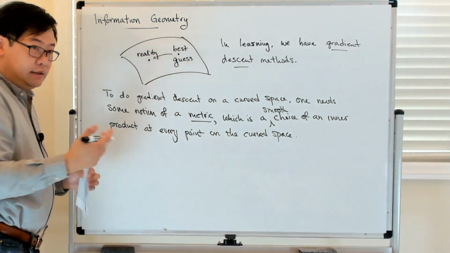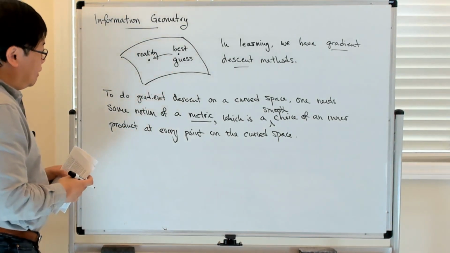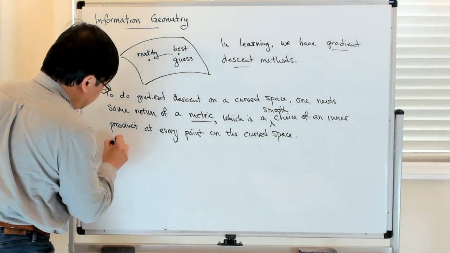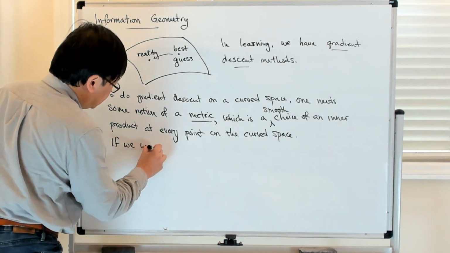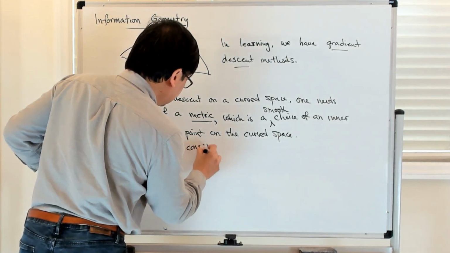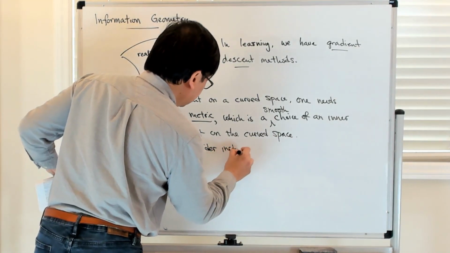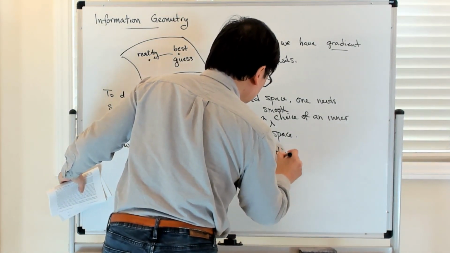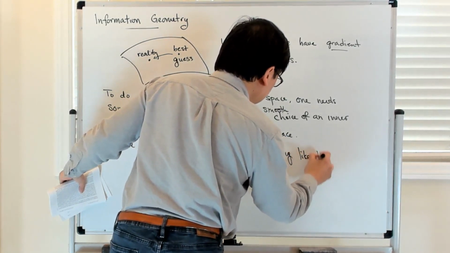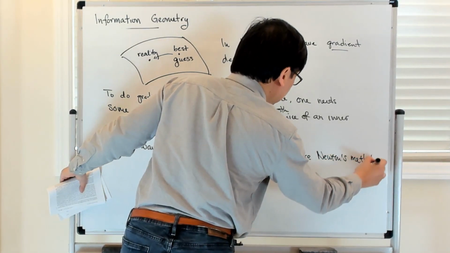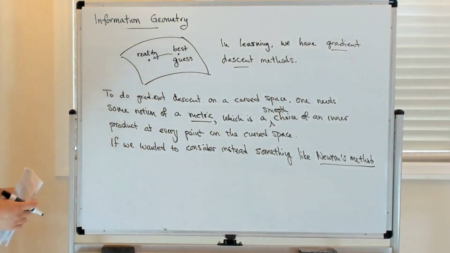If instead of gradient descent you wanted something which converges faster, like Newton's method, then it turns out that just having this notion of a metric is insufficient.